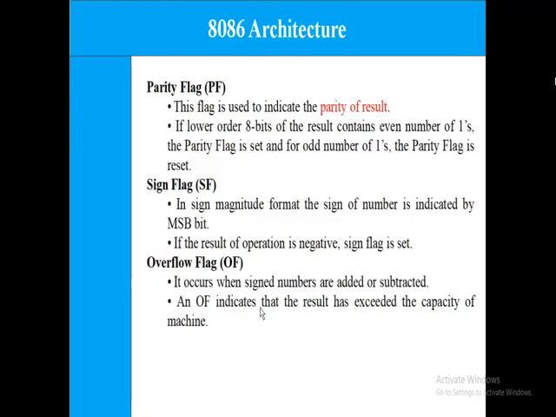Then the parity flag. This flag is used to indicate the parity of a result. If the lower order 8 bits of the result contain an even number of ones, then the parity flag is set. For odd numbers, the parity flag will be reset. For example, if the result of an operation is 1 1 1 0 0 0 0, then we count the number of ones.